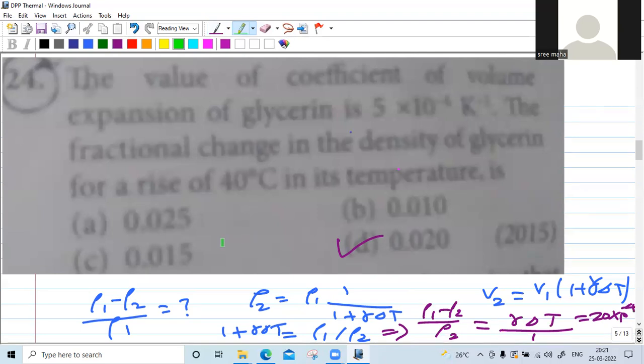The answer is correct. Option D. Yes, sir.